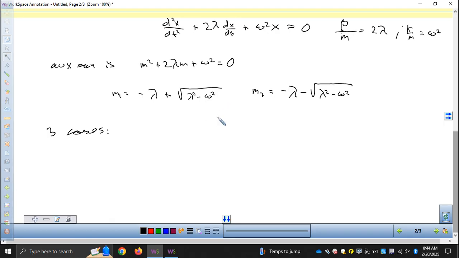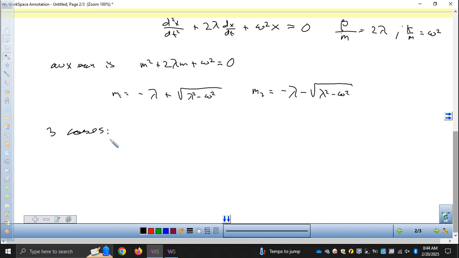Now we can see that all the solutions are going to have a factor of e to the minus lambda t. So we're going to have some kind of decaying factor in time. So with that friction, eventually that motion slows down and the displacement approaches zero as t approaches infinity, which makes sense with friction.